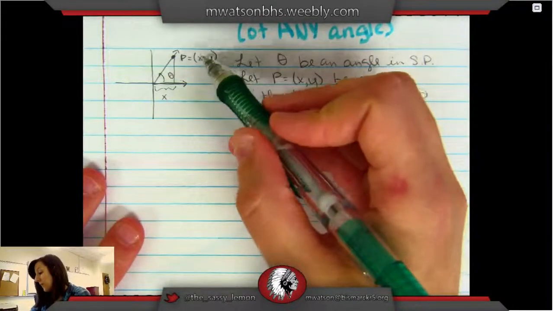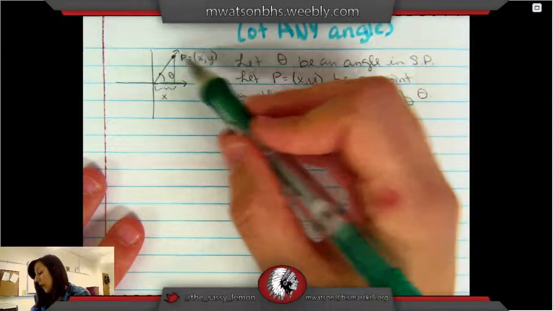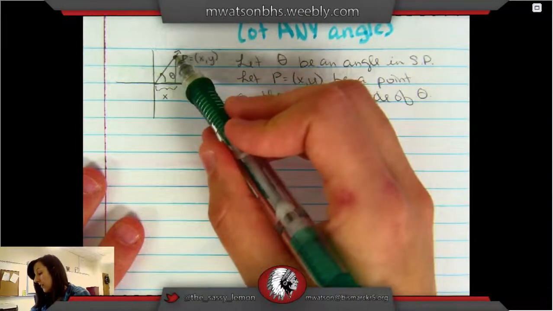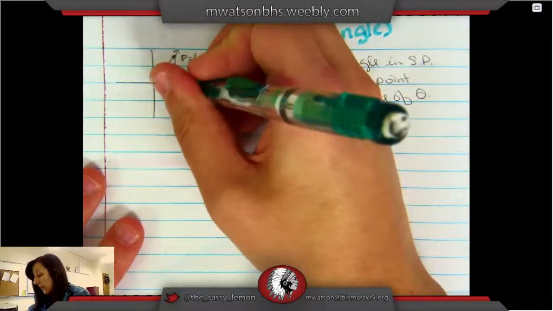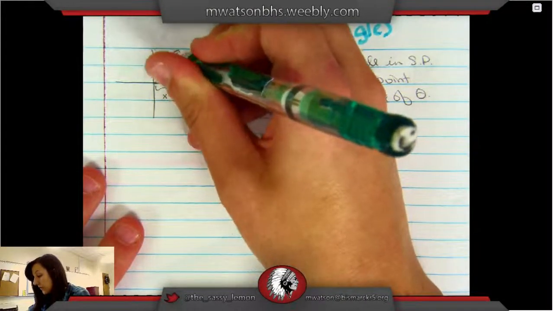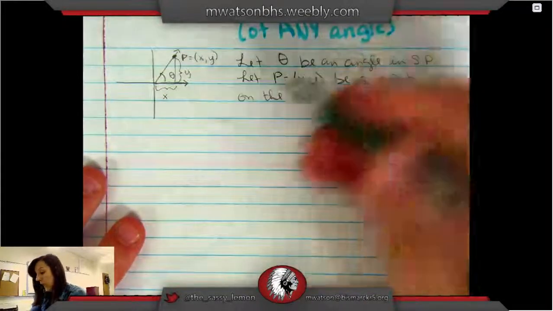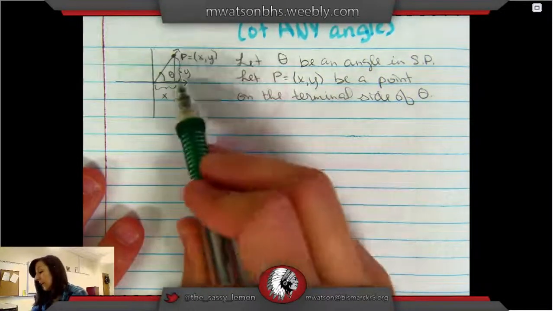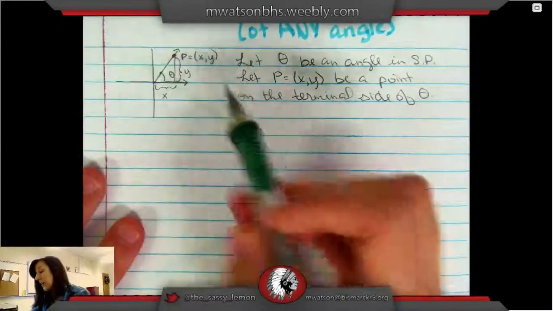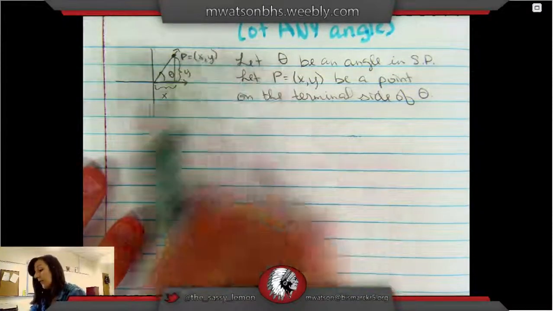Also, the y value of our point is whatever y is, so the side length of this triangle would also equal y. So it's x units long on the base, and it's y units high. And we know that because of the values given in our point P.